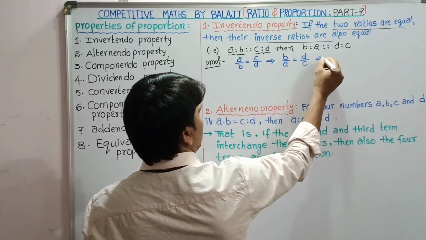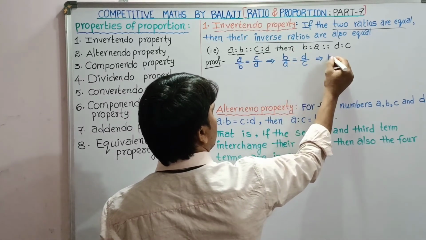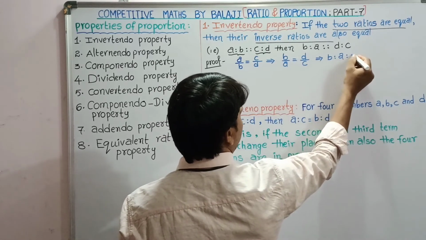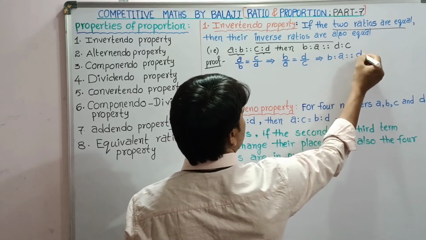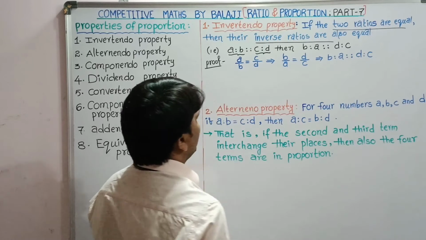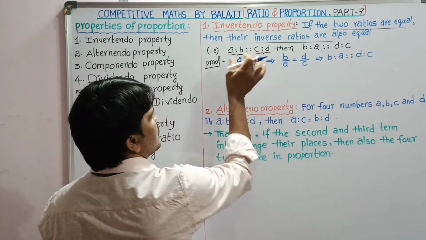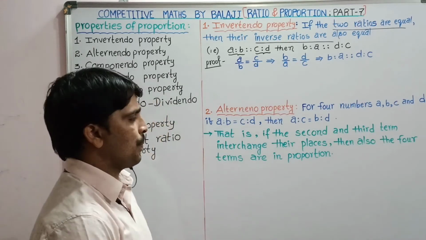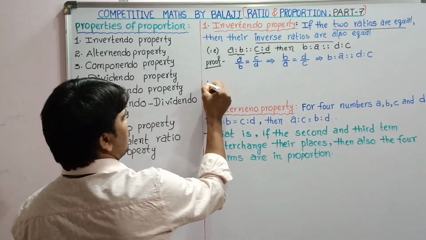That implies B by A, that is B is to A, equals D is to C in proportion. Yes. If A is to B is as C is to D, then B is to A is also as D is to C.